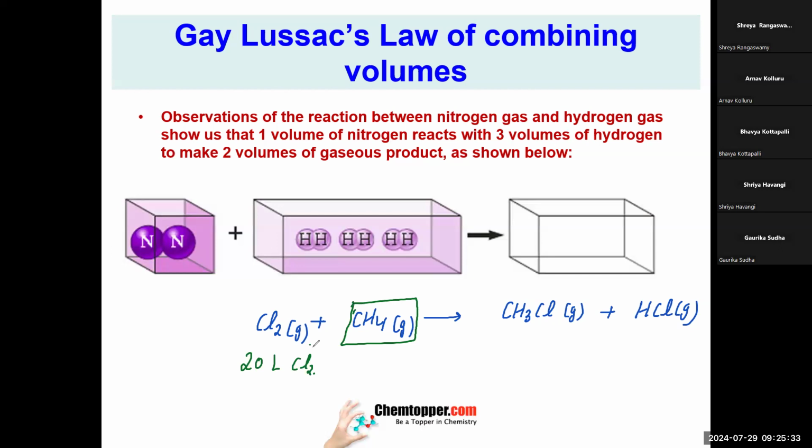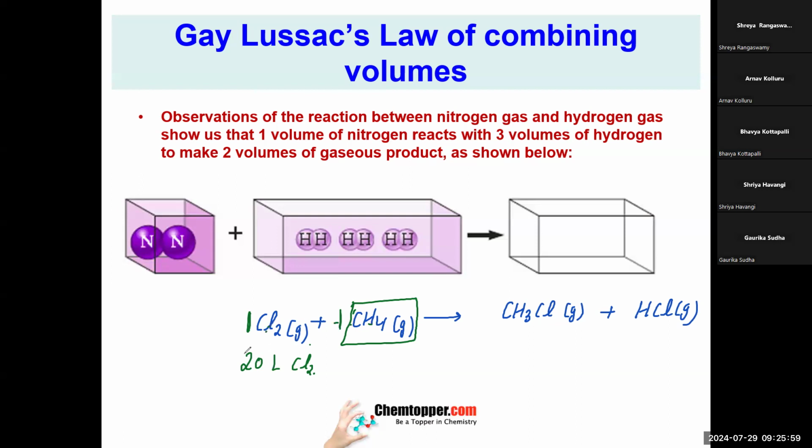Waiting for the answer. Yes, Shreya R. Very good. 1:1. Equal moles have equal volume. Very good, Bhavya. Yes. Gorika, equal moles have equal volumes. If Cl2 is 1 mole, CH4 is 1 mole.